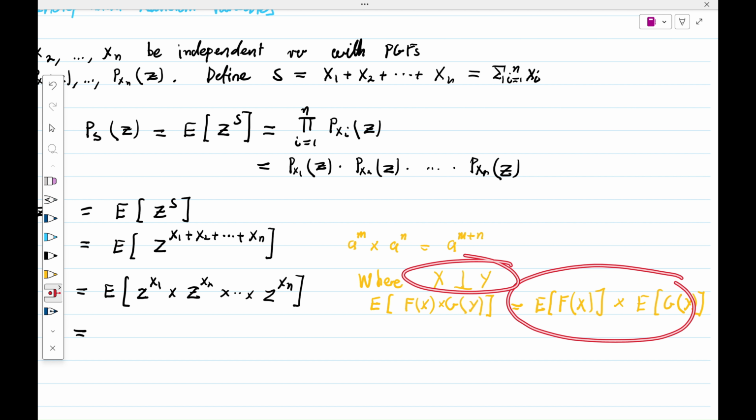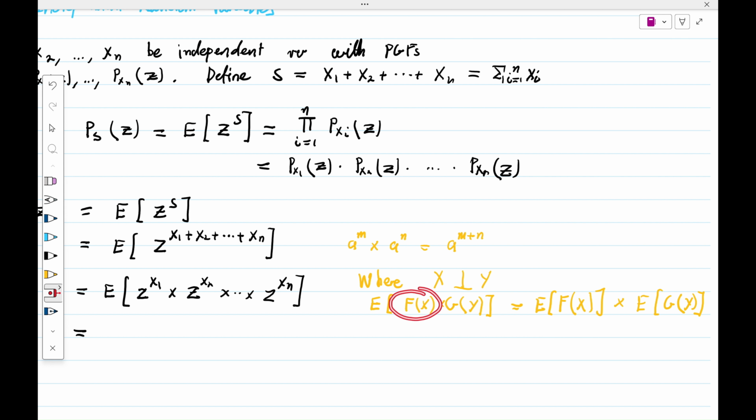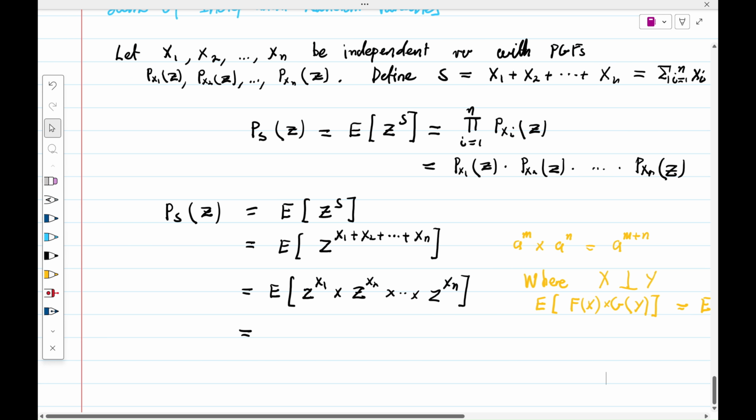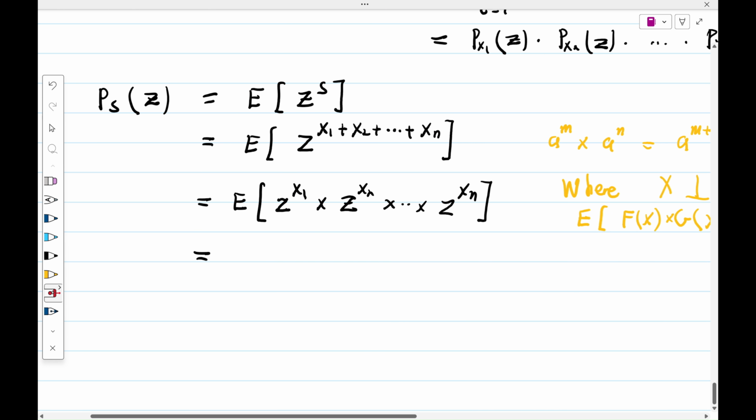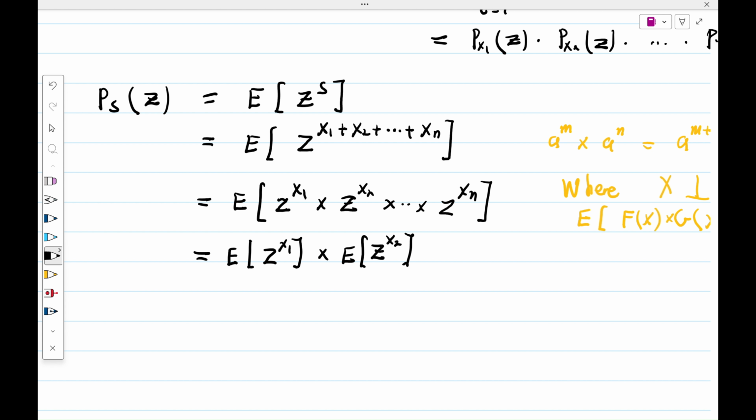So if you have independent random variables, the expectation of a product of functions of those random variables is the equivalent of taking the expectation of the two functions independently. And so bringing that back in the context of what we were doing here, this means that we can re-express this expectation as the expectation of z to the x1 times the expectation of z to the x2 times ... times the expected value of z to the xn.